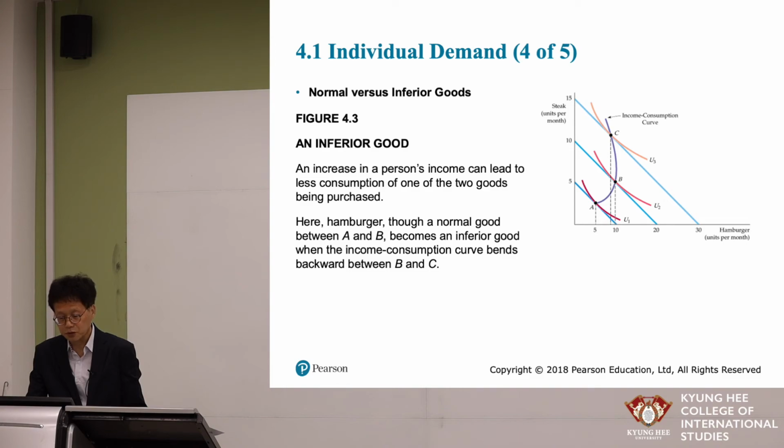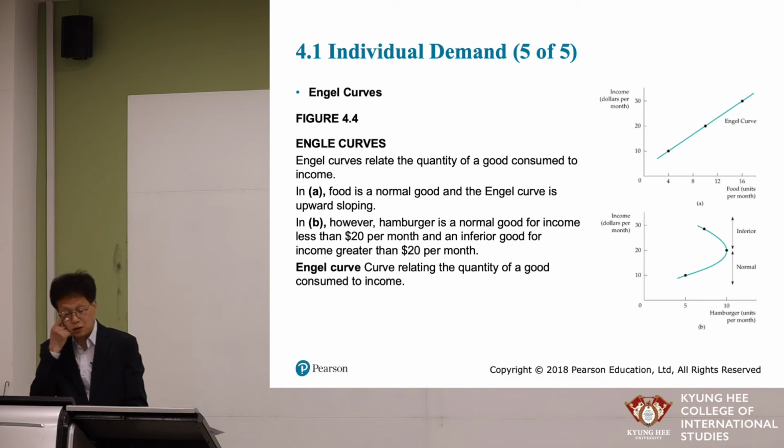So you should be careful about this. Usually you have to solve this kind of true-false question: is steak an inferior good or normal good, is hamburger an inferior good or normal good? Okay?